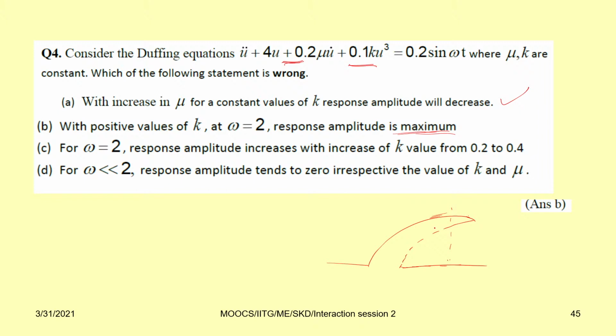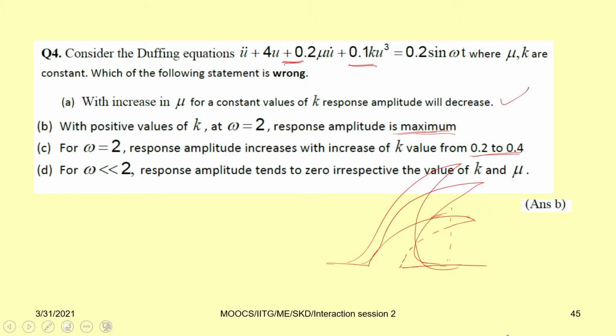So for omega equal to 2, the response amplitude increases with increase in k value from 0.2 to 0.4. Yes, with increase in k the response amplitude will increase, this is correct. You can plot the response with different values of k, and it will be like this.